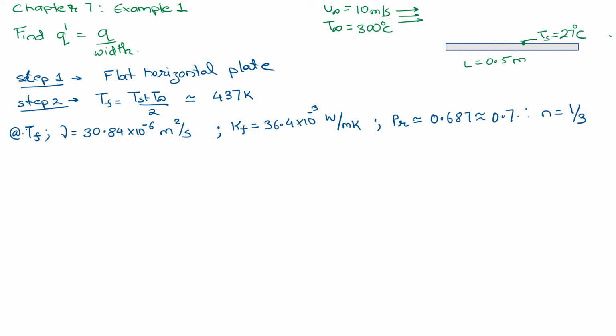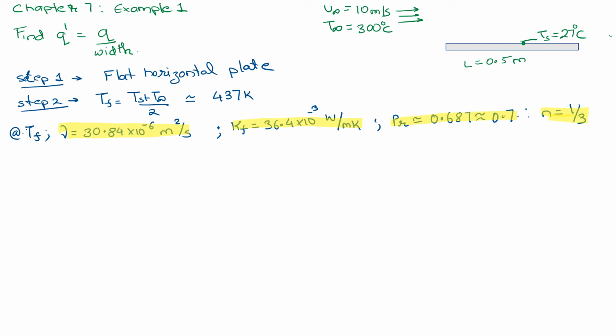Our next step will be to calculate the properties that we require at this particular temperature. Our viscosity at film temperature will be 30.84 times 10 to the power minus 6 meters squared per second. Thermal conductivity will be 36.4 times 10 to the power minus 3 watt per meter Kelvin, and the Prandtl number is around 0.7.